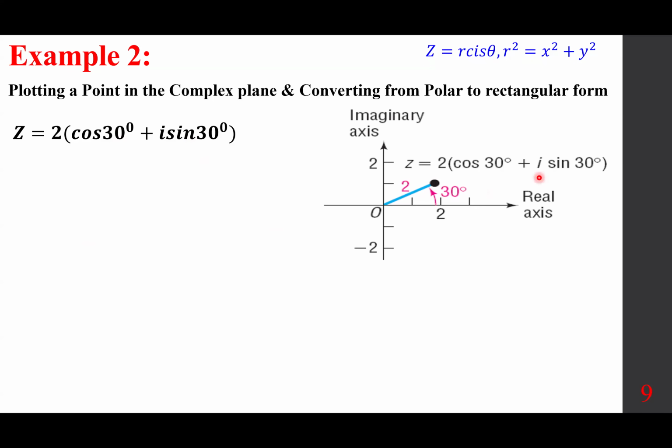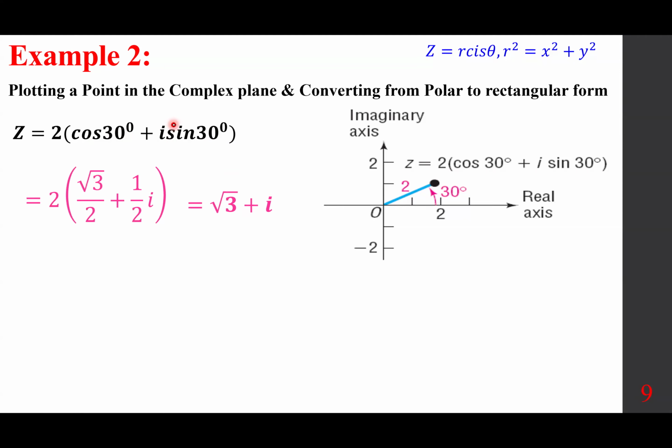So this is the real axis, this is the imaginary axis. Now, cosine of 30 is square root of 3 over 2. Sine of 30 is 1/2, everybody. So the 2's cancel out. We get square root of 3 plus i. This is the rectangular form. This is the polar form, and you're done.